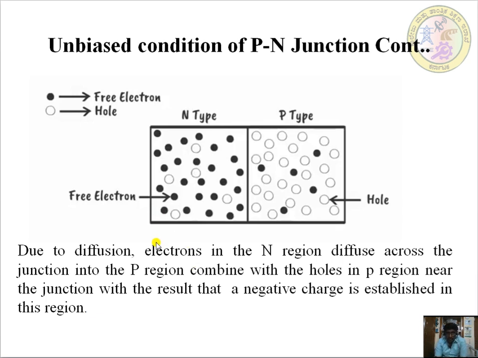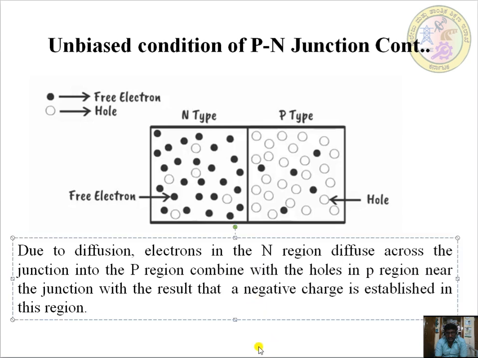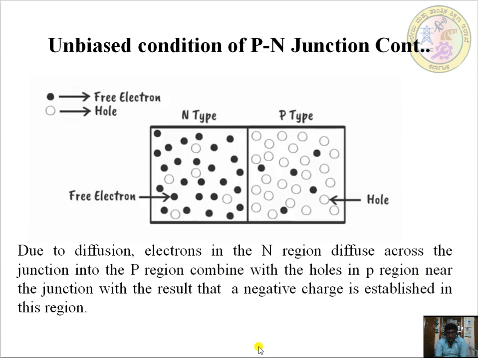Due to diffusion, electrons in the n region diffuse across the junction into the p region and combine with holes in the p region near the junction, with the result that negative charge is established in this region.